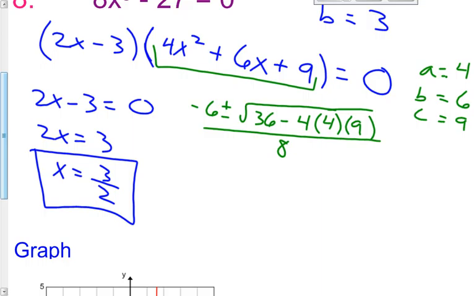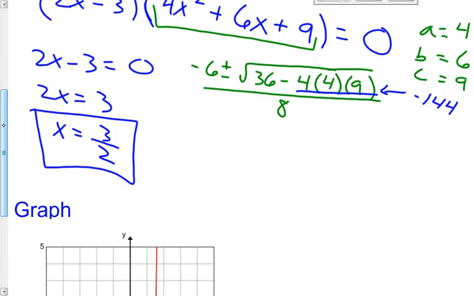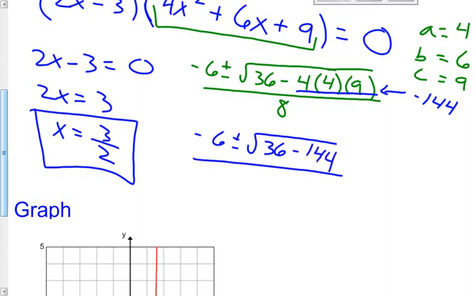All right, let's simplify this. Multiply a negative 4 times a positive 4 times 9, you get a negative 144. So now we have a negative 6 plus or minus the square root of 36 minus 144 all over 8.